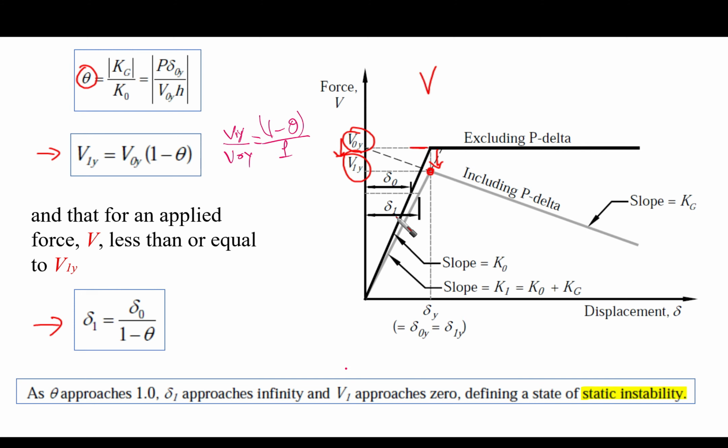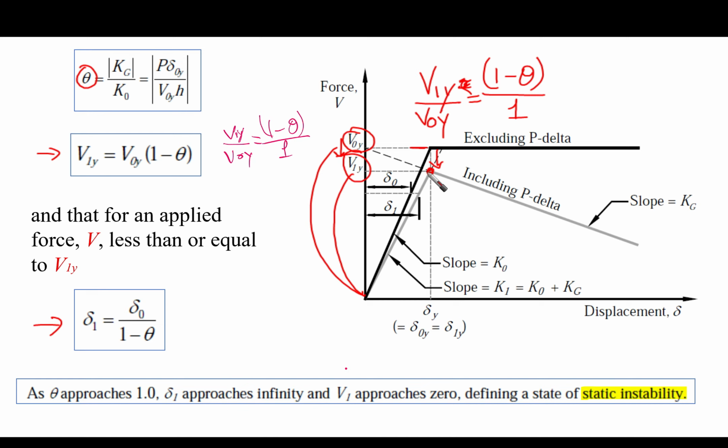We can claim from the geometry that V1 yield over V node yield, this height over this height, without thinking too much, is the difference in the slopes, right? It is going to be 1 minus theta over 1.